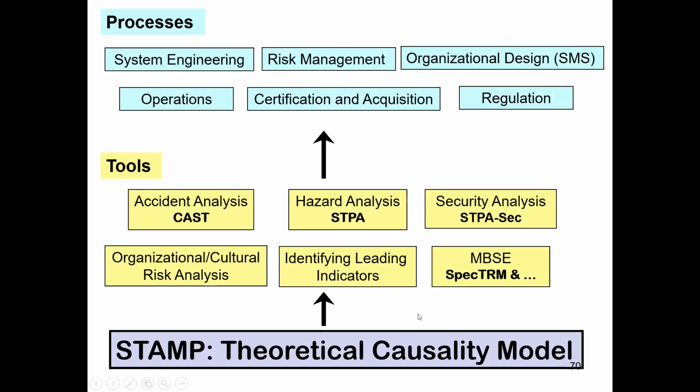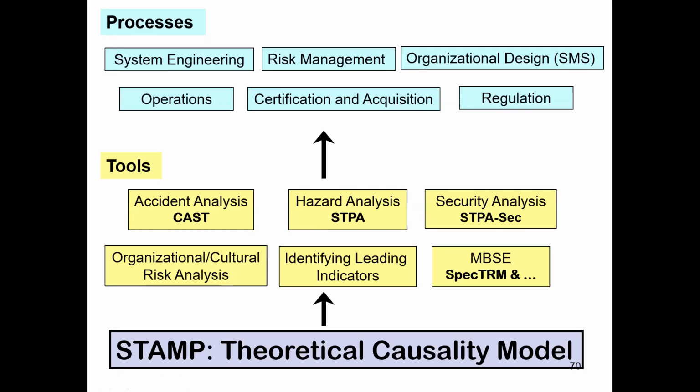So what kinds of tools are available? Well, STAMP is just the causality model at the bottom. We have tools for accident analysis, something called CAST, a hazard analysis technique called STPA, security analysis, STPA-Sec for cybersecurity, organization cultural risk analysis.